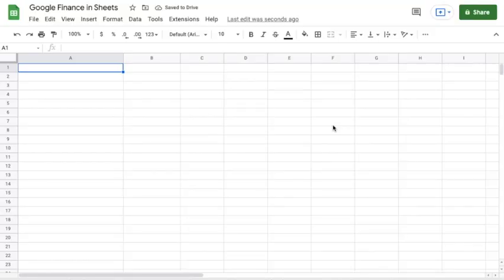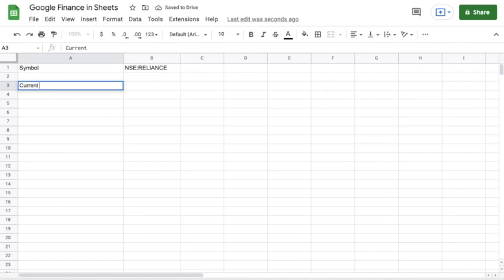So let's start by taking an example of Reliance. Let us write the symbol of Reliance, which is NSE, Reliance, and let us try to find out the current price of Reliance stock.